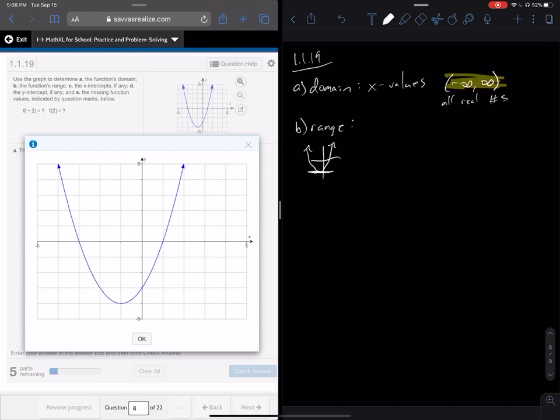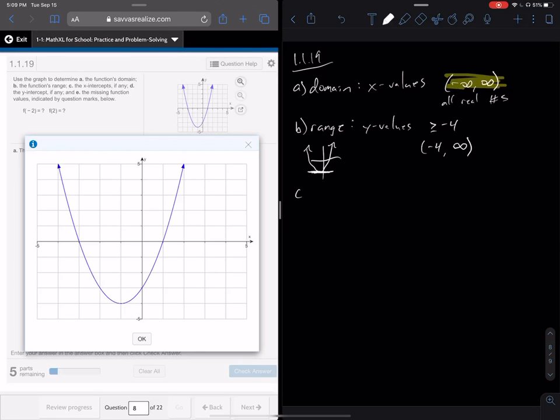If we count on our graph, that's -1, -2, -3, -4. So my y values have to be greater than or equal to -4. In interval notation, the minimum would be -4, and the maximum would be positive infinity.